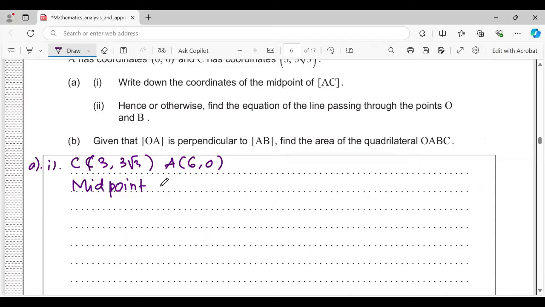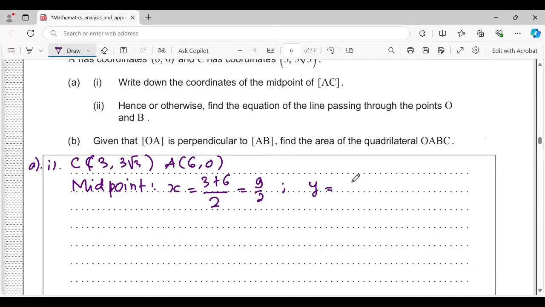So the midpoint of AC we can find through x and y. For x it is (3 plus 6) over 2, which is 9 over 2.